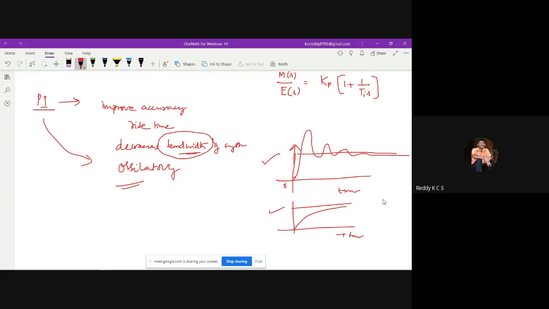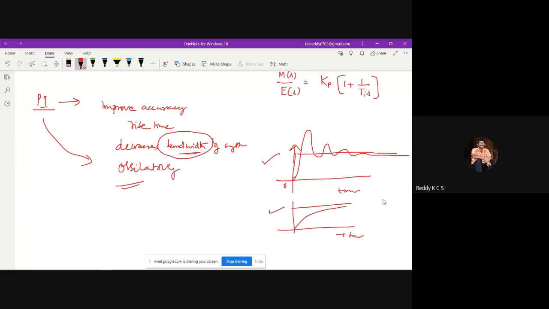So that is the advantage of this PI controller, from an application point of view. It removes the offset problem, because the proportional controller has the offset error as its disadvantage. If I use the PI controller, it nullifies the offset error problem.